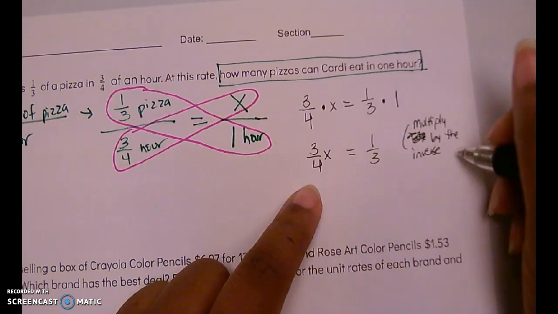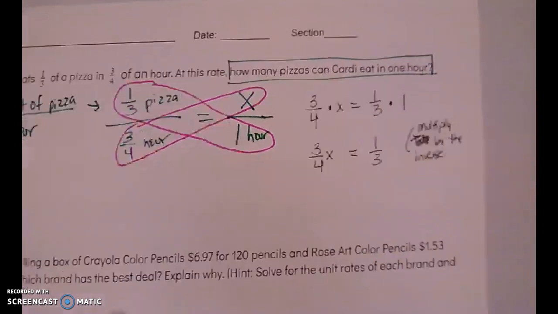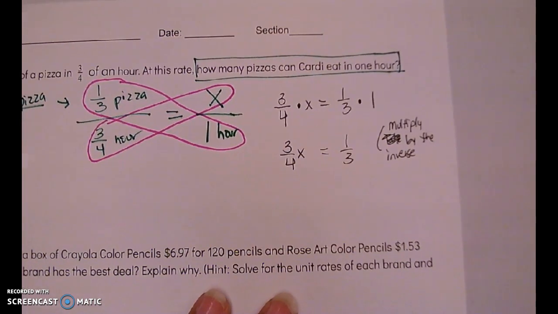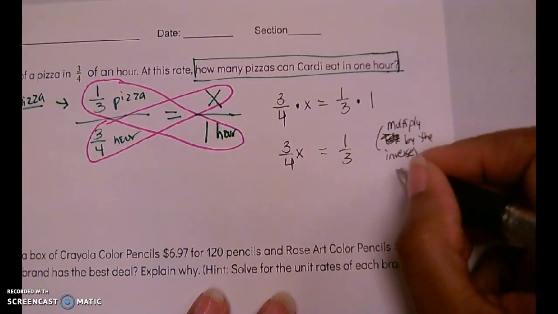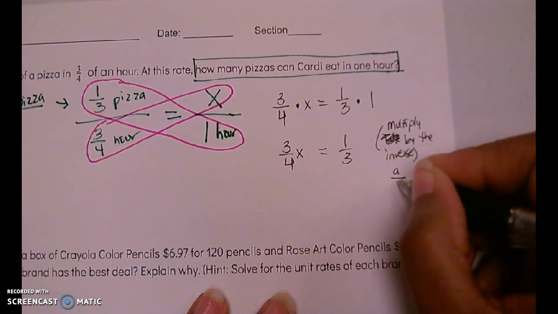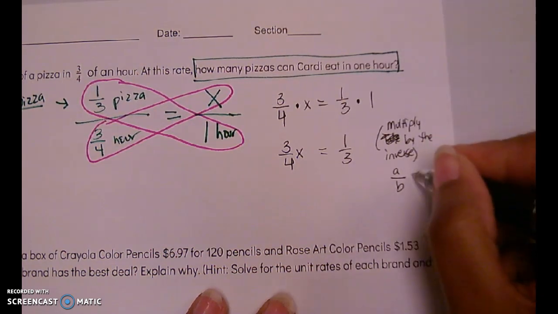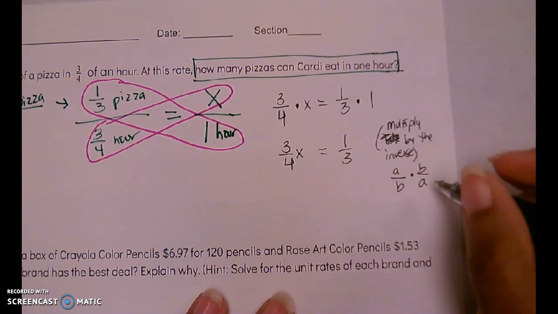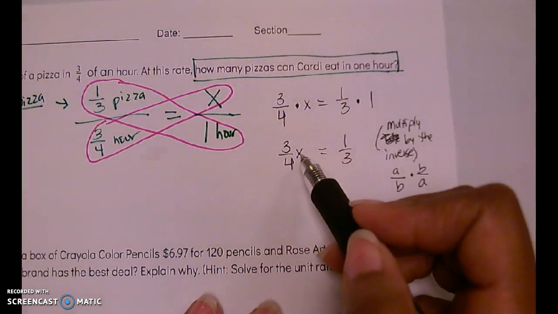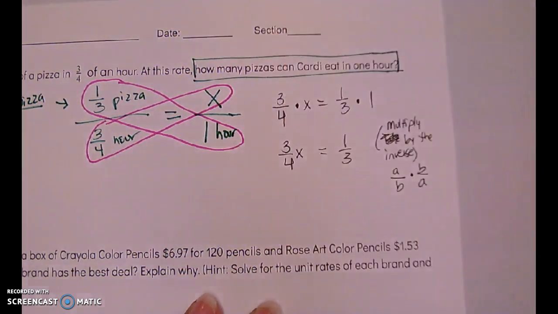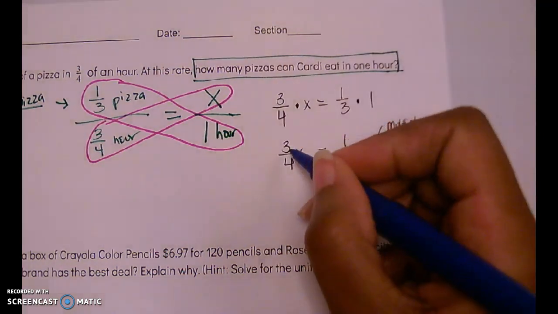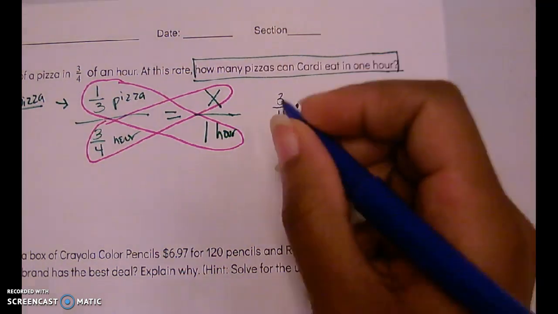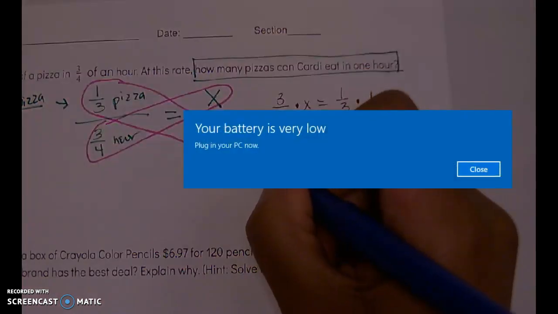And for those who don't know what an inverse is, it's basically when you multiply by the flipped version of a fraction. So in order to cancel out A over B, I will have to multiply by B over A. Okay? So, in order to get x alone, I am actually going to have to multiply both sides by the inverse of 3/4, which is going to be 4/3.